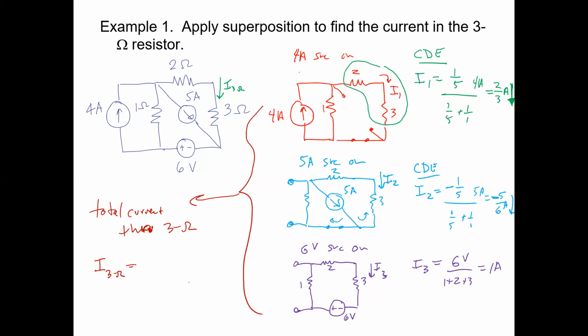So it's going to equal 2/3 minus 5/6 plus 1. And it has a net of 5/6 of an amp going down.